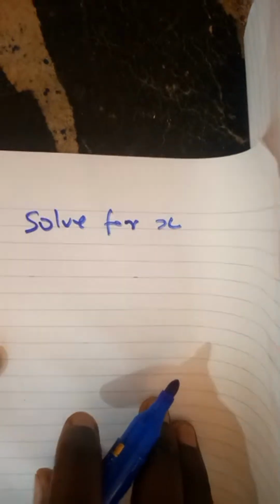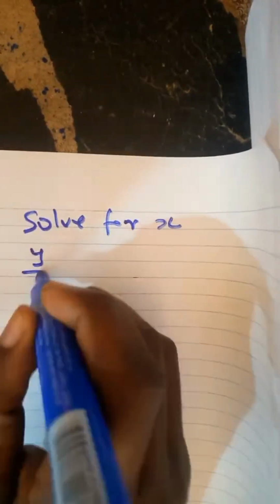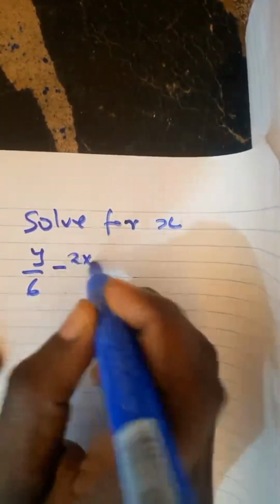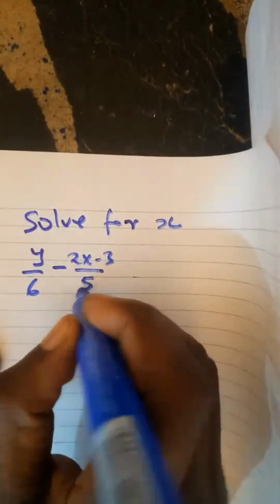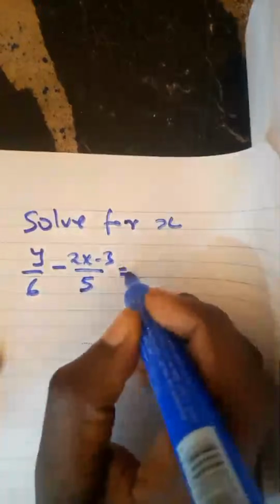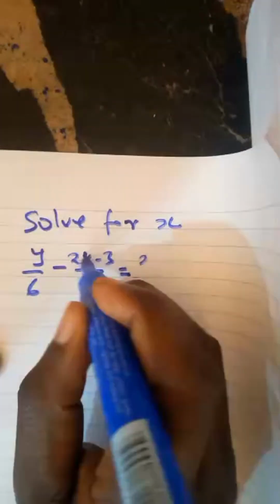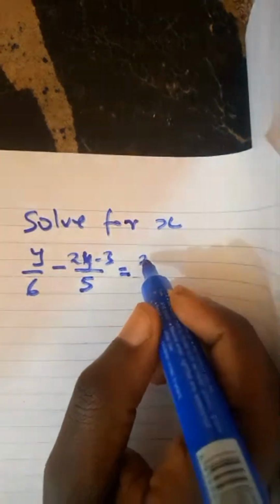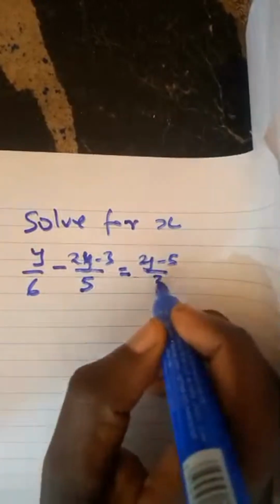I'm being told to solve if I have y over 6 minus (2y minus 3) over 5 should be equal to y minus 5 over 3.